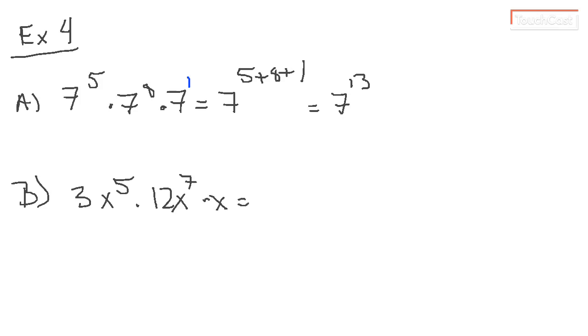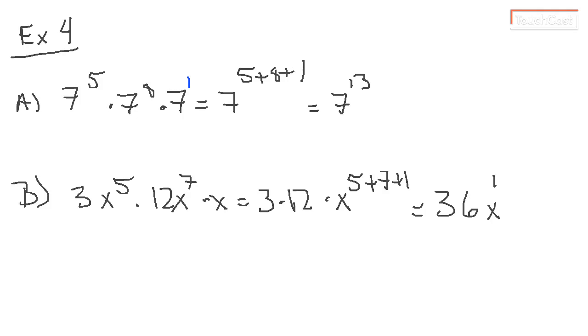Well, we can simply write it as 3 times 12 times x to the 5 plus 7 plus 1. 3 times 12 we know is 36. 5 plus 7 plus 1 is going to give us x to the power of 13.